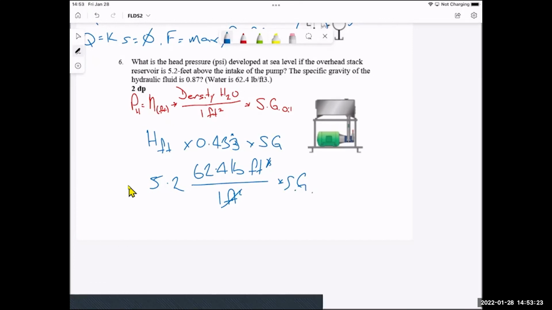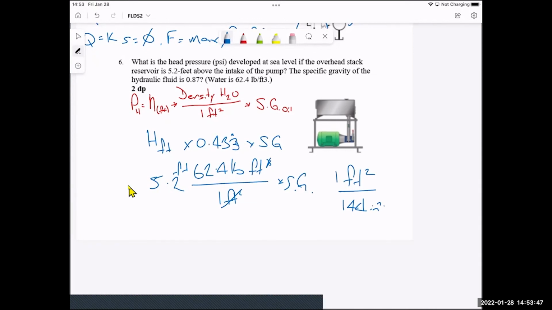I've got a foot times a foot, which is going to give me a foot squared at the end for my units. I have to divide that by 144, 1 foot over 144 squared, in order to get my answer.